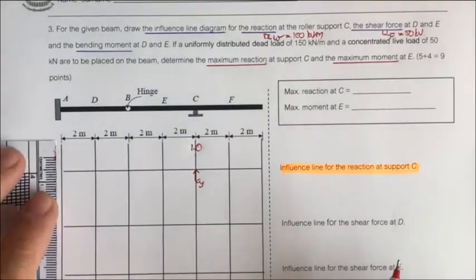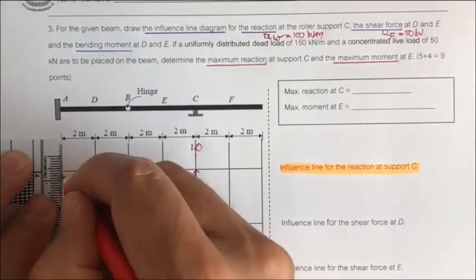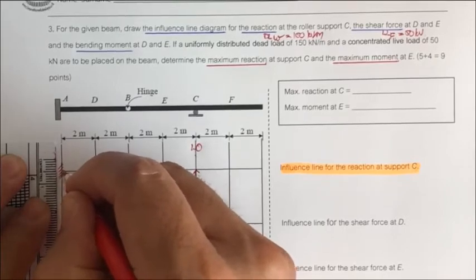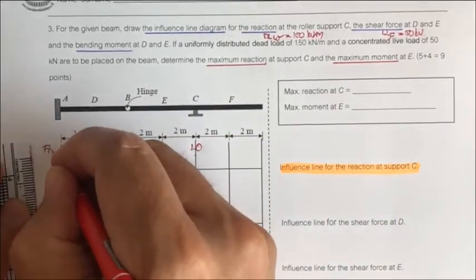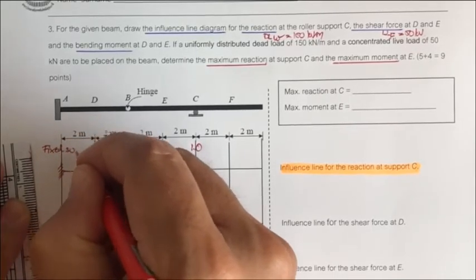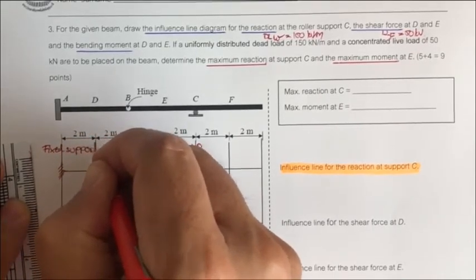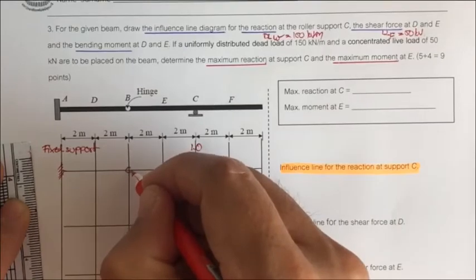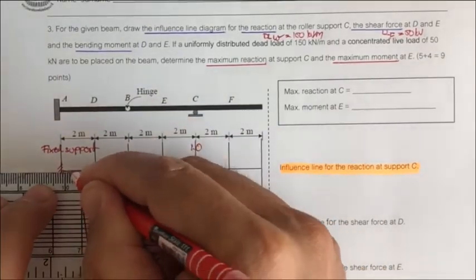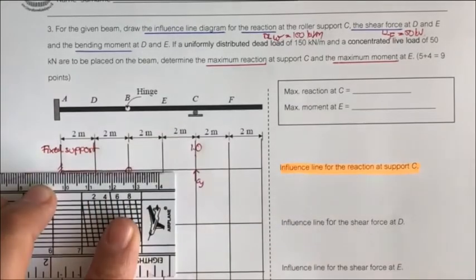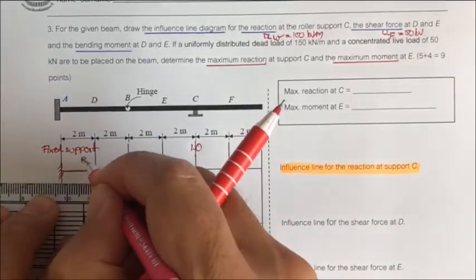Before you can move, you have to fix this one with a fixed support. This is the fixed support. And then we have a hinge here, and this portion links in the form of what we call the rigid beam.